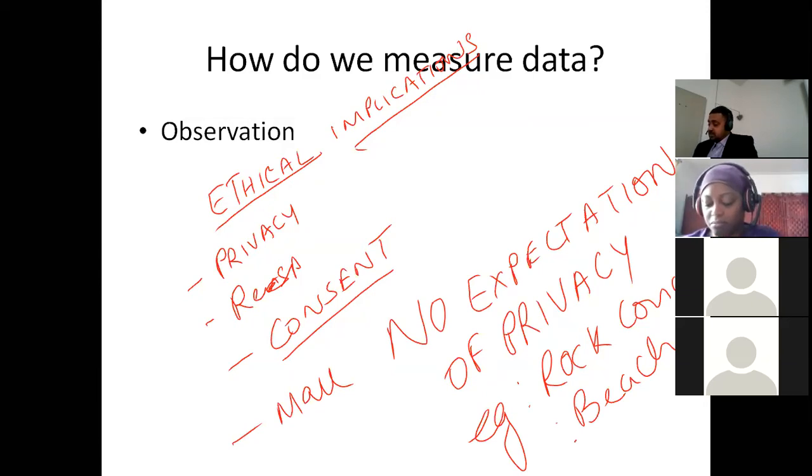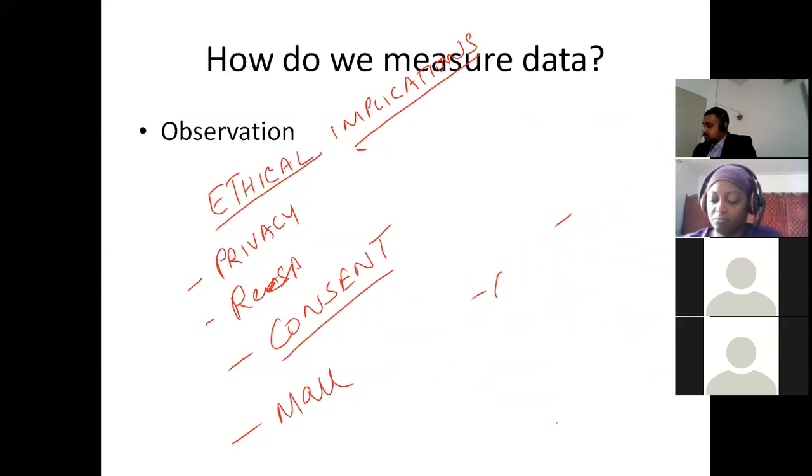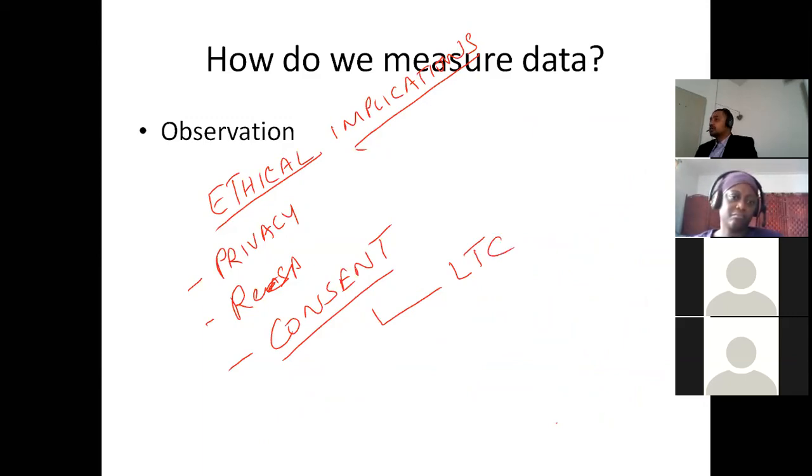The opposite applies when you're seeking to observe people in, let's say, long-term care. Then you have to get approval because it is observation, and if you don't know the residents, you have no personal information.